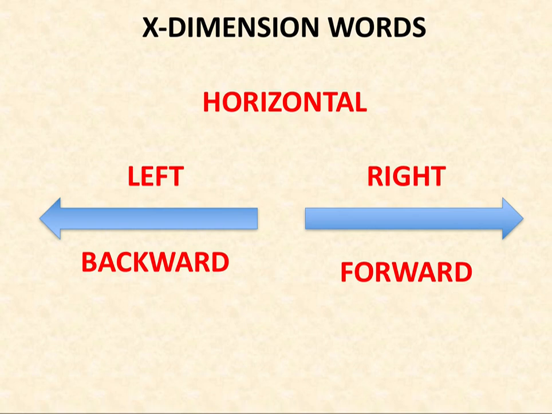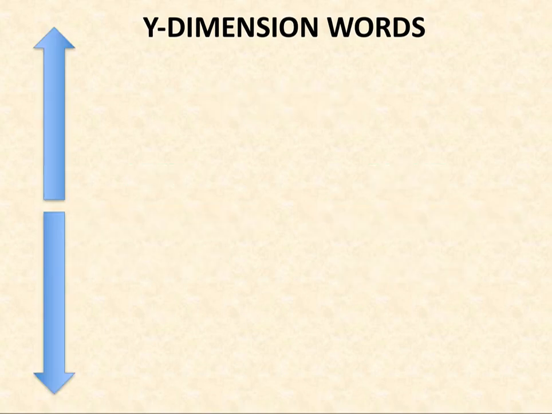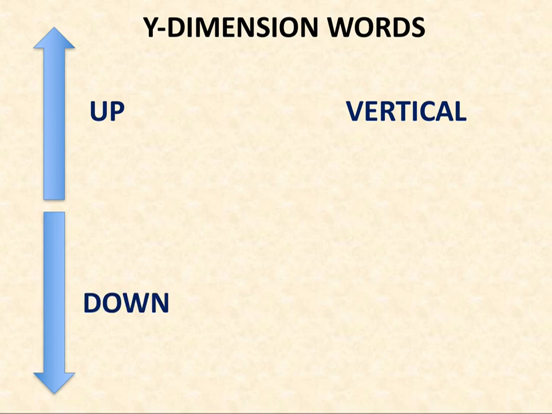So again, all of these words are associated with the x dimension, and you need to recognize that if you see them. In the y dimension, the main word that we use is vertical. And to distinguish the different vertical directions, we use up and down. So if you see any of these words, you need to associate them with the y dimension.